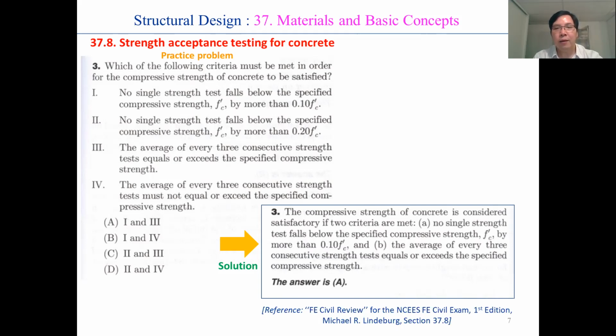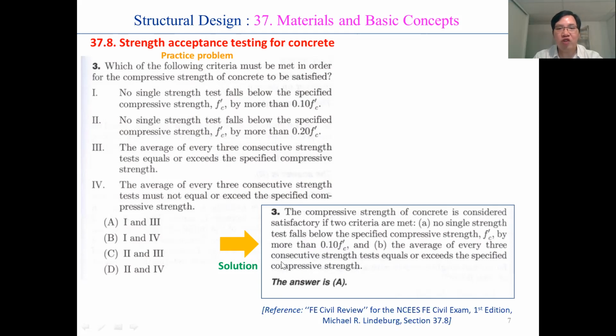And the second criterion is that the average of every 3 consecutive strength tests equals or exceeds the specified compressive strength. So you can see the theory as you compare this theory with the options that you can choose.